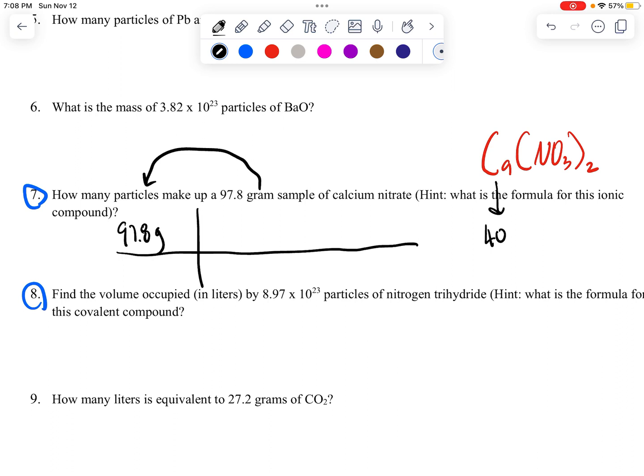Nitrogen is 14 plus oxygen. There are 3 oxygens, and each oxygen is 16. So 16 times 3 is 48, plus 14, add these two and I get 62. Now, I'm not done just yet. Because there's that outside subscript of 2, I'm going to have to multiply that by 2. So that's 124.